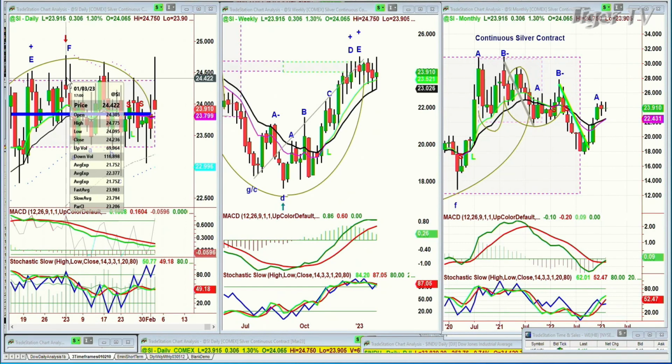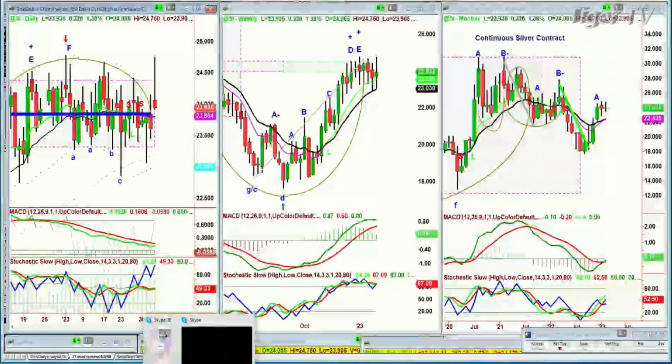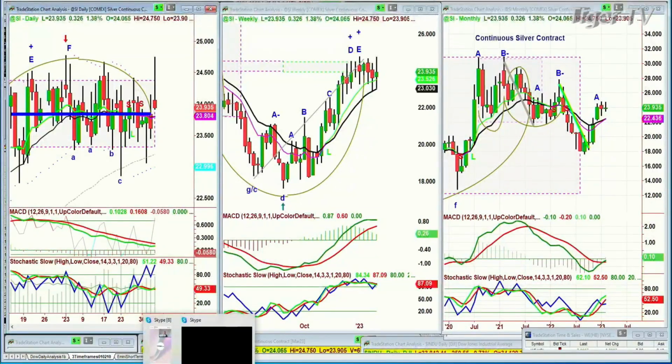Today's high is 24.77, so we're just under that, and now we're going towards the midpoint, the blue line, that midpoint that's so critical for silver. So what happens is that gold sees that silver's moving and says, oh my God, I've got to catch up. And then when gold catches up, that's when silver's pulling back, and then they both come down together. So I'm watching this very closely. I'll be back.